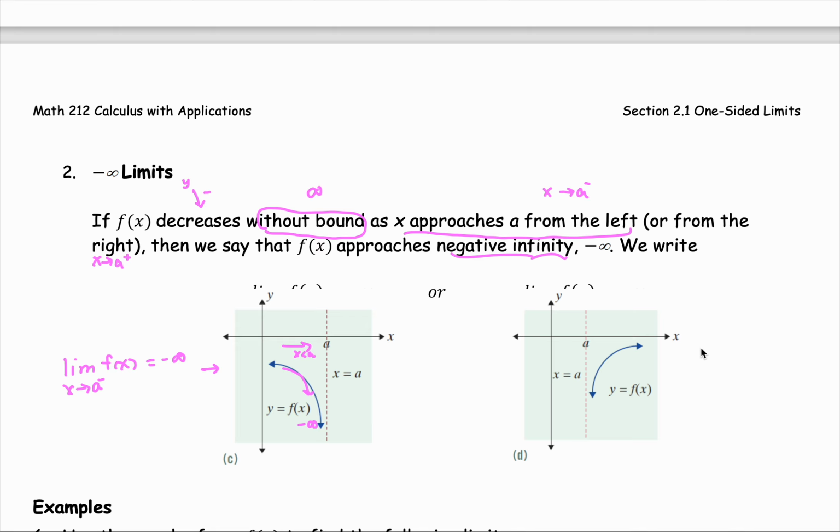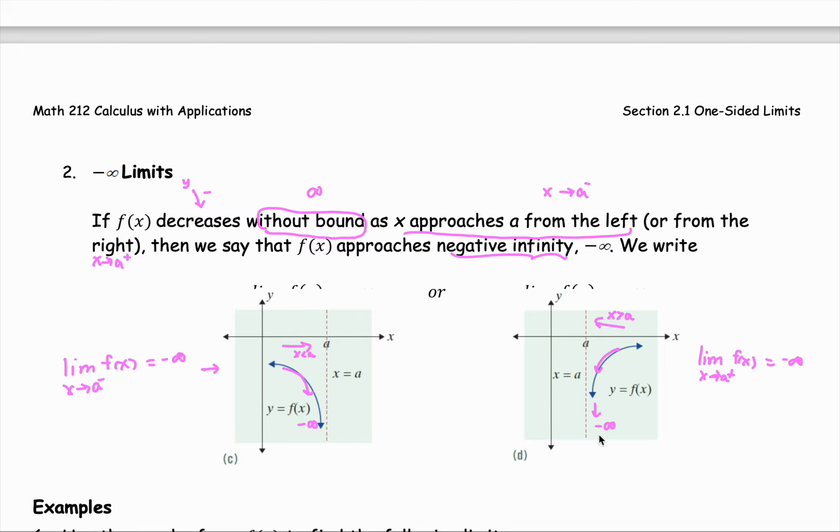The right graph represents the limit of the function as x approaches a from the right, which is negative infinity. As x comes toward a, slightly greater than a, the y value decreases without bound toward negative infinity.